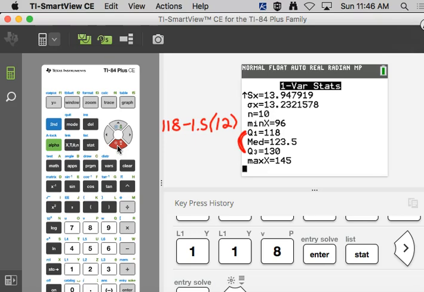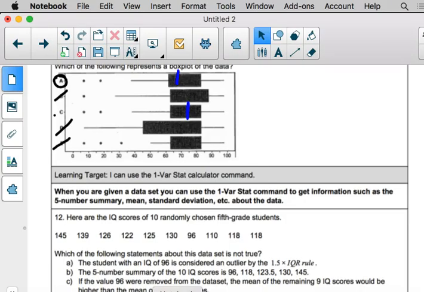So if I calculate 118 minus 1.5 times 12, I get 100 as my lower bound. Anything less than 100 would be deemed an outlier. So I would say A is a true statement. That is an outlier based on the 1.5 IQR rule. So A is true, so it's not what we're looking for.